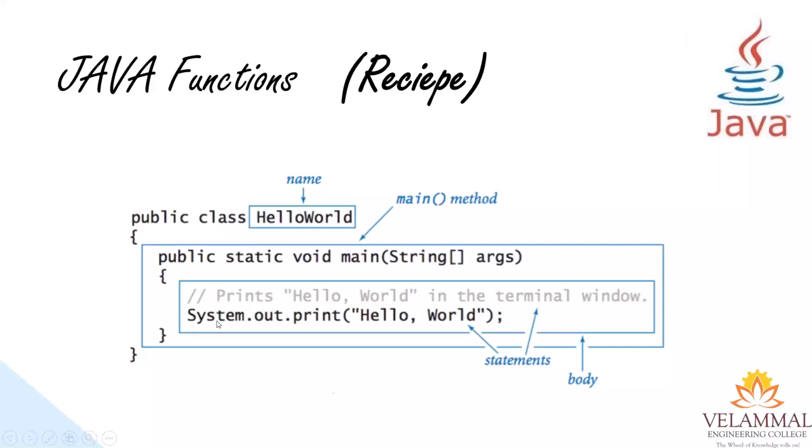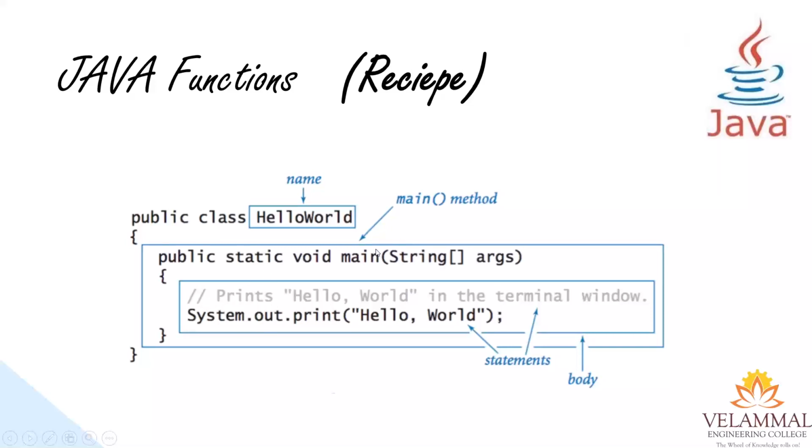Coming down, we have written System.out.println. In order to get a simple understanding, System is a class, out is a class that is built within the System class, and print is a function within the out class, which is under the System class.